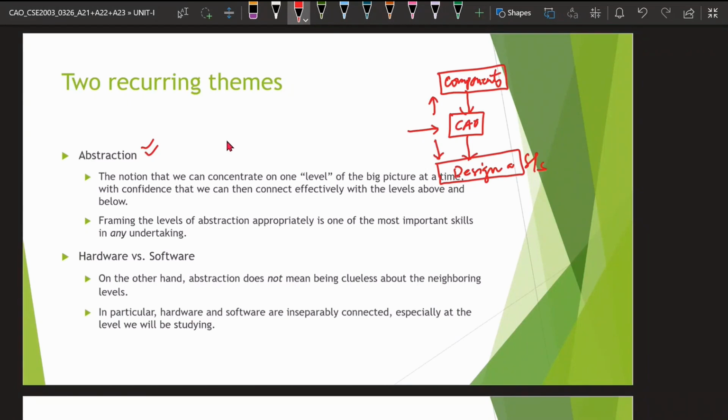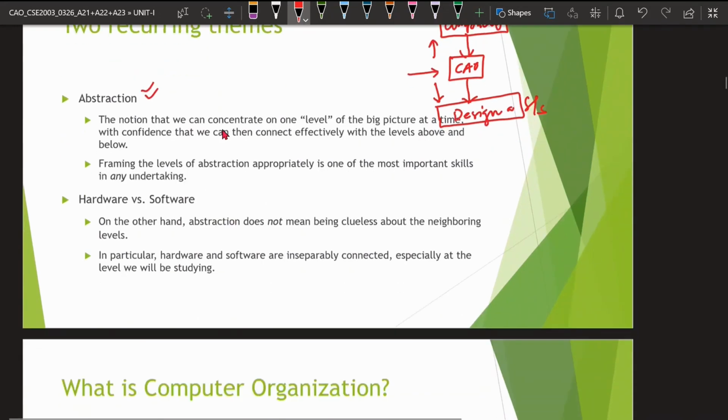The abstraction level simplifies different levels. Whatever is above and below that particular level, we will be able to get the knowledge of that. So abstraction levels are basically defining or simplifying particular steps.